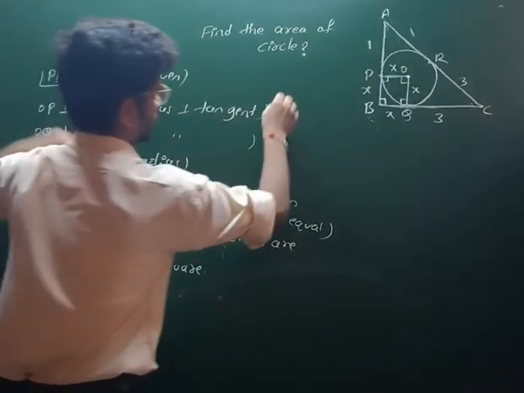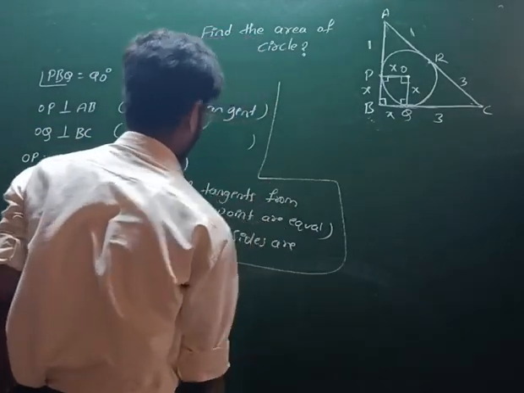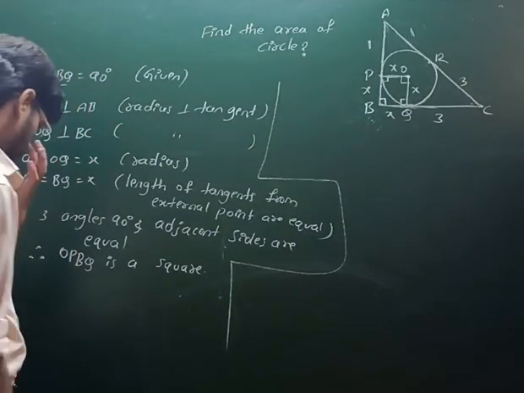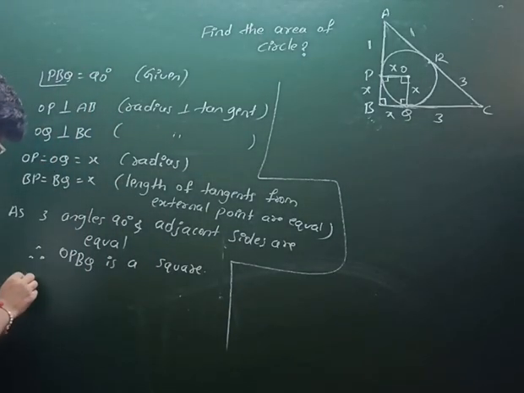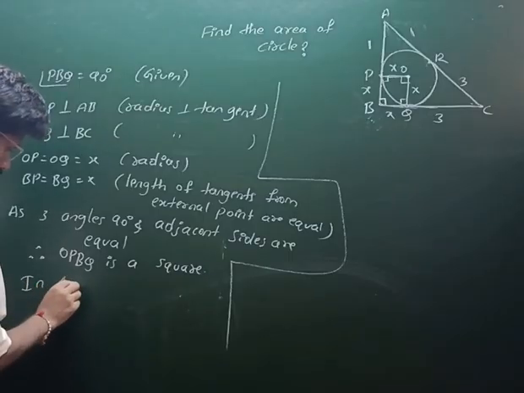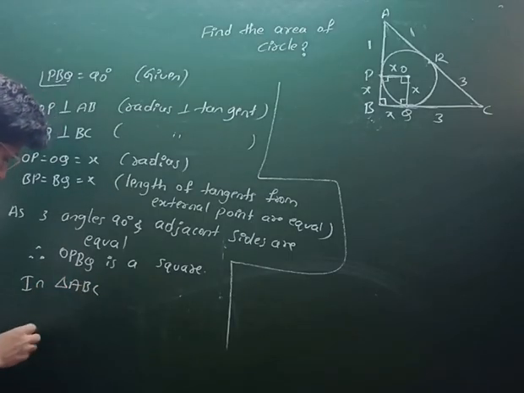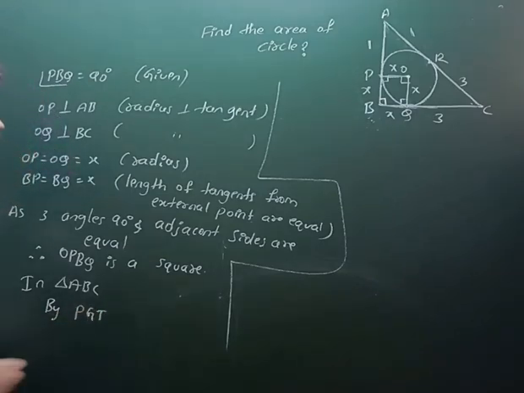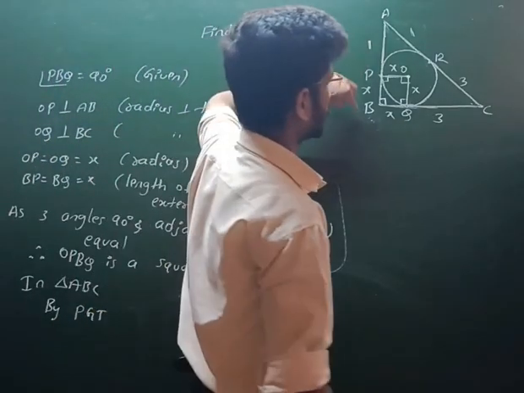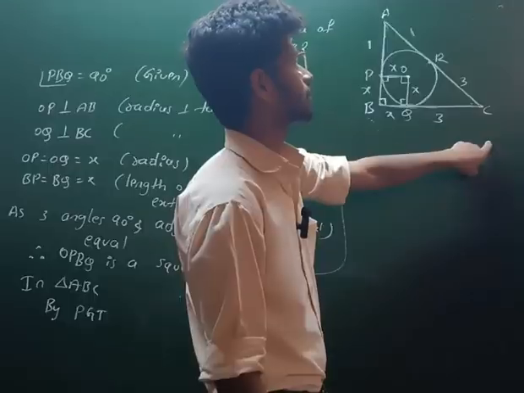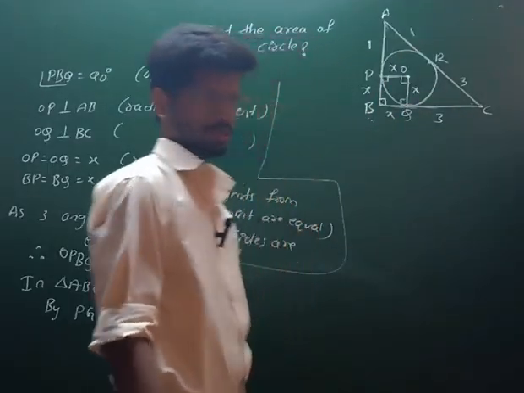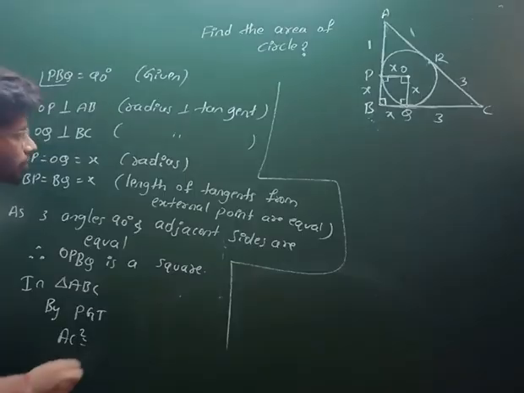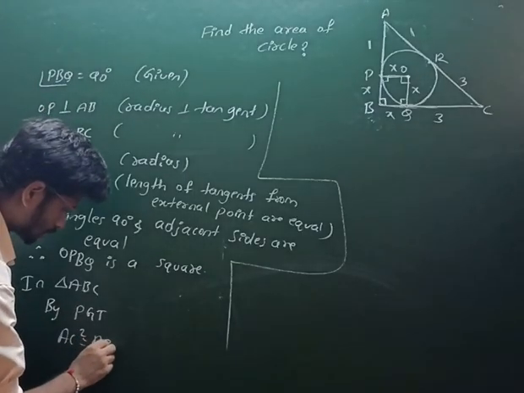Now the first way, I am teaching you by using the Pythagoras theorem. How can we find the area of the triangle ABC? In triangle ABC, by Pythagoras theorem, AB will be the perpendicular, BC will be the base, and AC will be the hypotenuse. So we can write AC square is equal to AB square plus BC square.